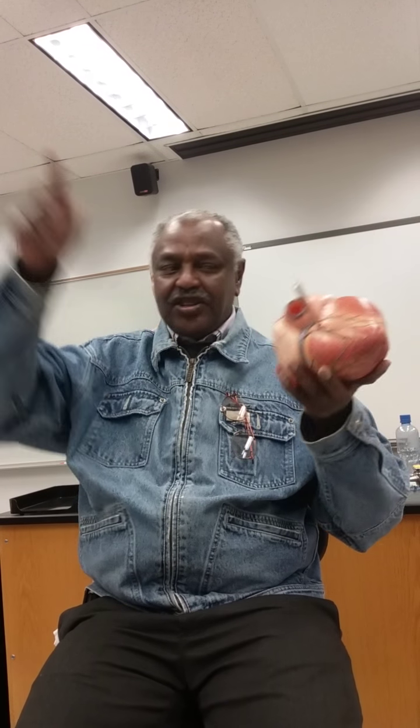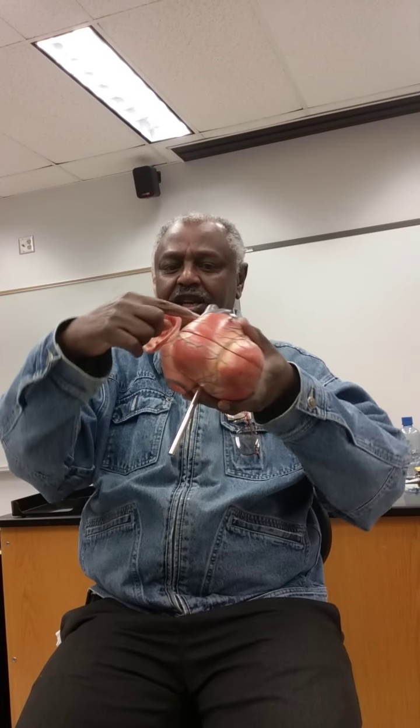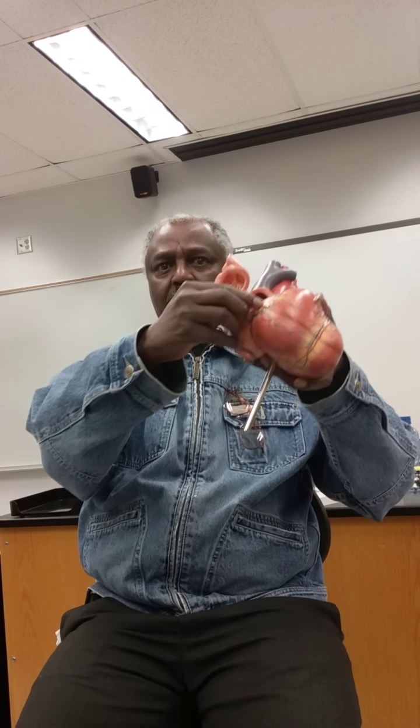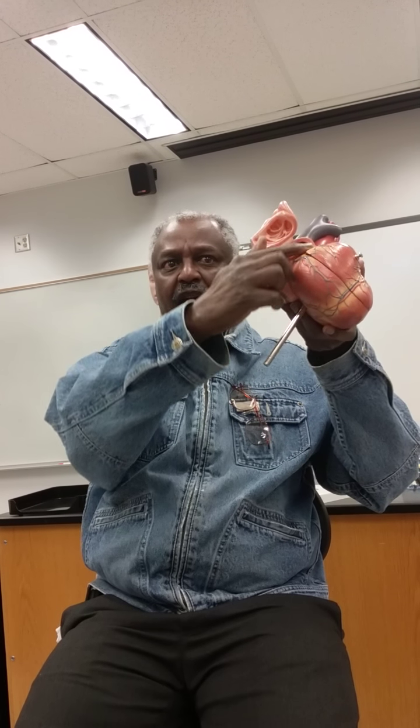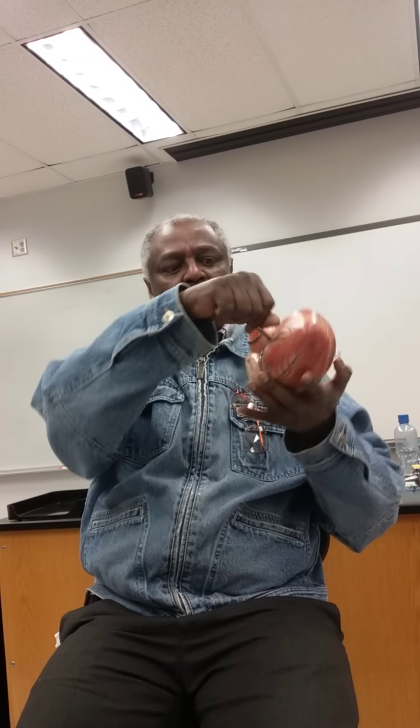Posterior interventricular branch is good enough. You got that? That is the right coronary artery, running down the edge of the right atrium, giving you the marginal branch at the edge, giving you the posterior interventricular branch down here.